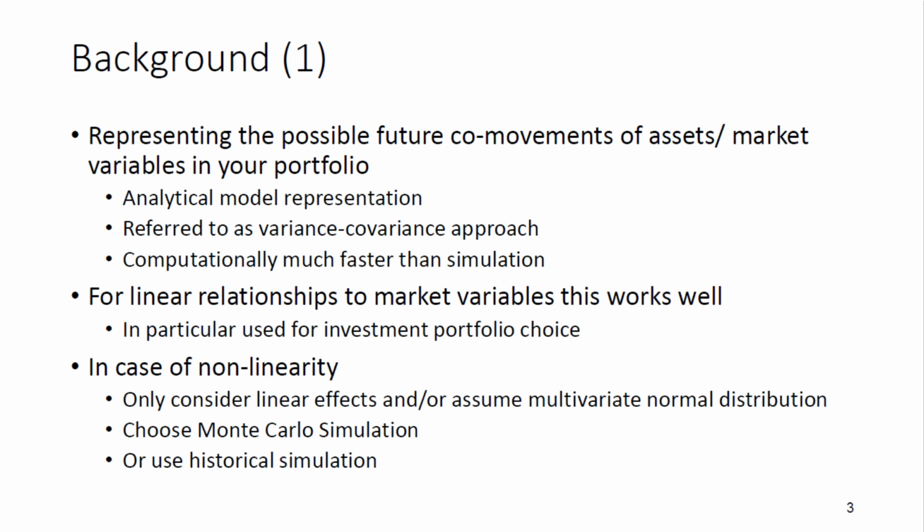So as I said, we will limit ourselves to one particular case when we look to this model representation, the model building approach. We will only look to those cases where we could say, well, on the left-hand side, there is, for example, a portfolio value or a change in the portfolio value or portfolio return or change in the portfolio return, which is then linearly related to market variables, uncertain variables, which are on the right-hand side.